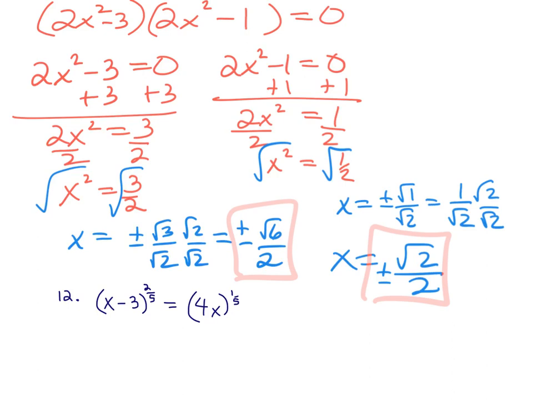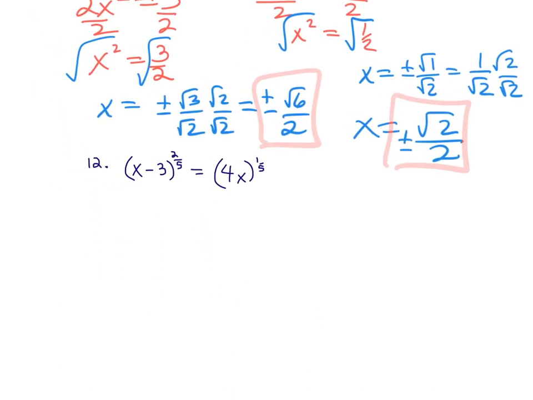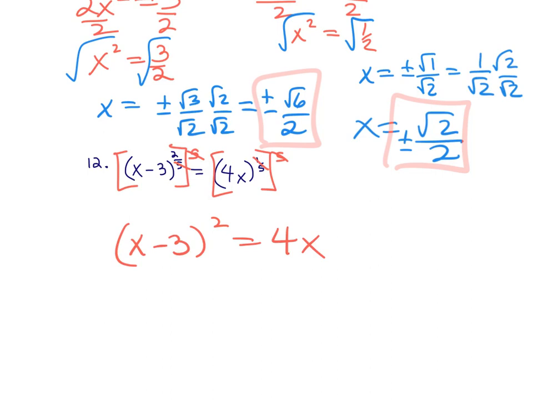Okay. Next one. This one I need to get rid of the fifth root. So I'm going to raise both sides to the 5th power. So this cancels. This just gets rid of the denominator. So now I have x minus 3 squared is equal to 4x.